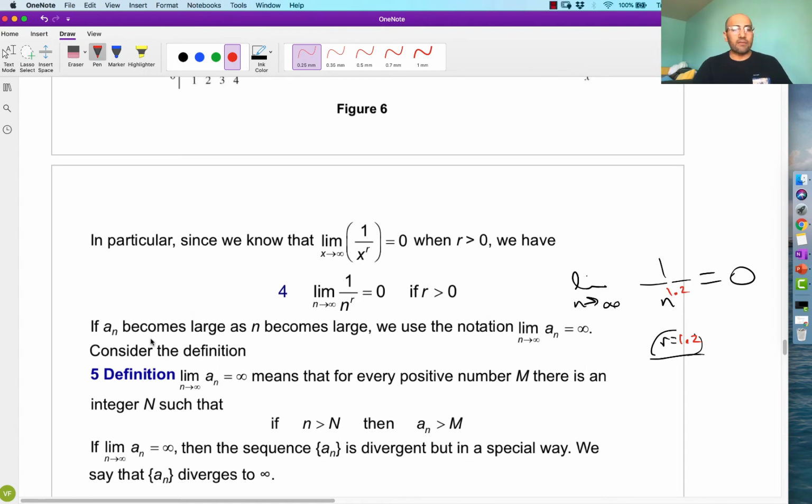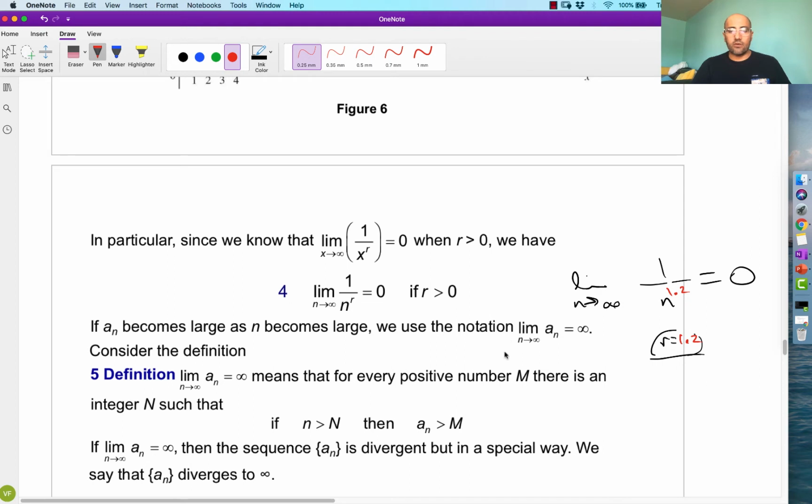Okay, so if a sub n becomes large as n becomes large, we use the notation that the limit as n goes to infinity of a sub n equals infinity. Right? So this is how we represent that the sequence is not growing toward any particular value. It's not converging. It's just growing out of control. It's getting larger and larger, and it never stops growing.